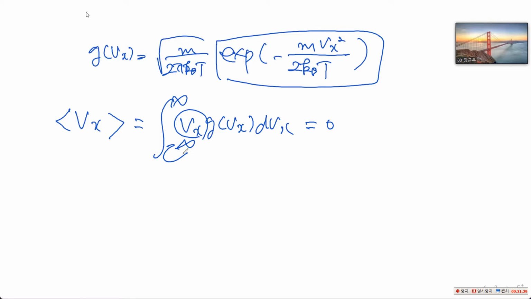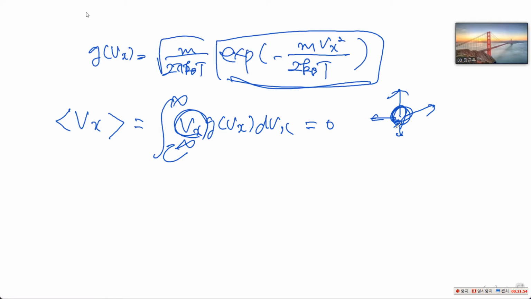이게 직관적으로 계산해보지 않아도 그렇잖아요. 이게 even 펑션인데 Vx를 곱해서 마이너스 무한대부터 무한대까지 적분했으니까 그것은 0이 돼야 될 겁니다. 근데 생각해보면 당연한 게, it is very natural because if the molecules move randomly, then what is the average value of the speed, not velocity?